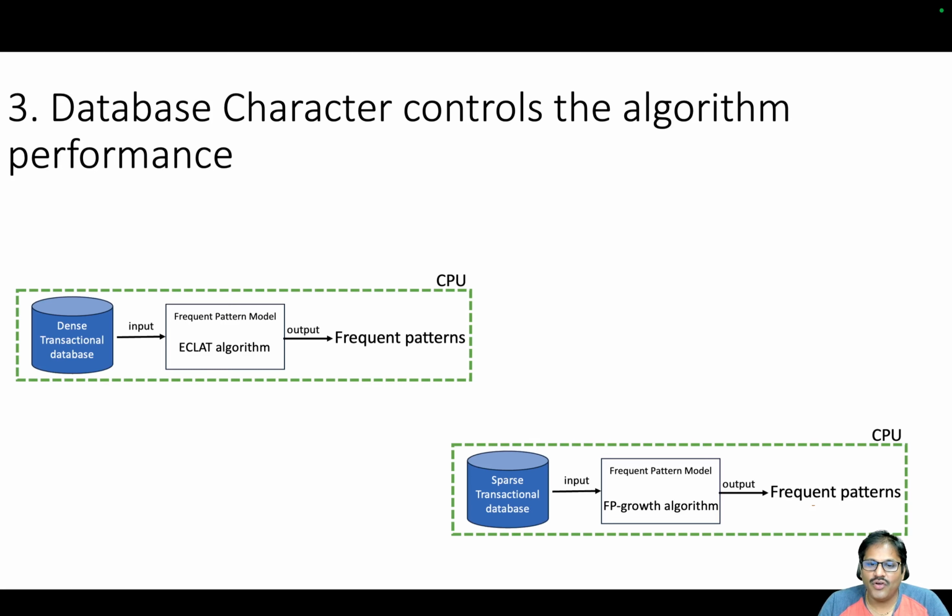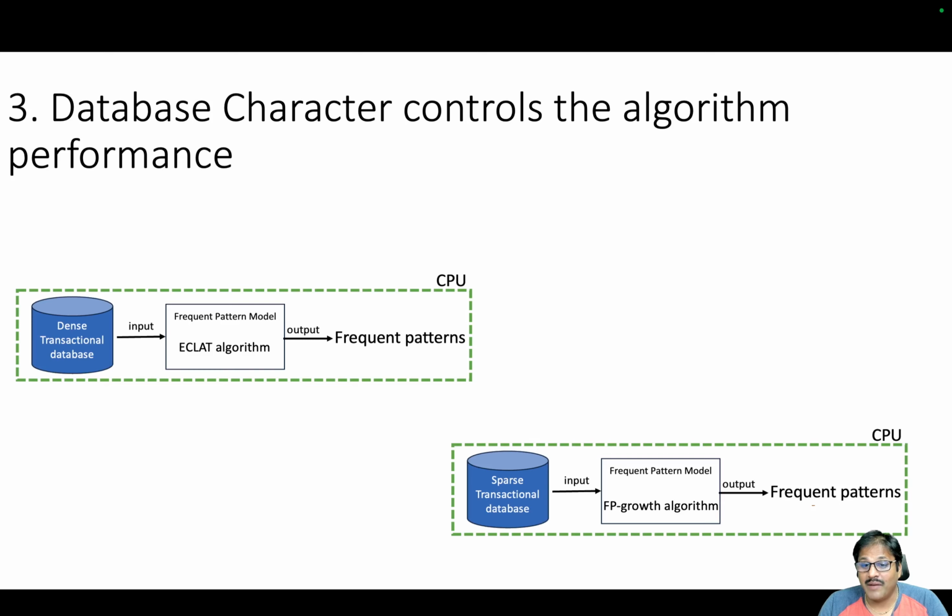Similarly, if your database is sparse, then also you can use the ECLAT algorithm to find the frequent patterns. But the thing is, the performance of the ECLAT algorithm in sparse and dense databases is not the same. The ECLAT algorithm works best when your dataset has dense characteristics.